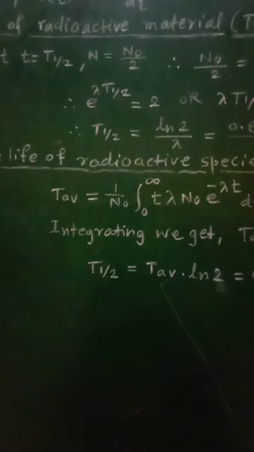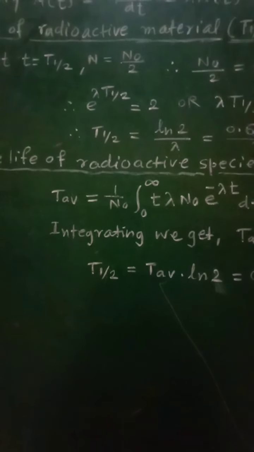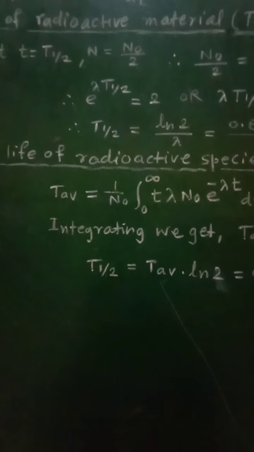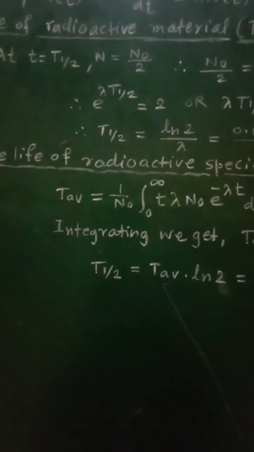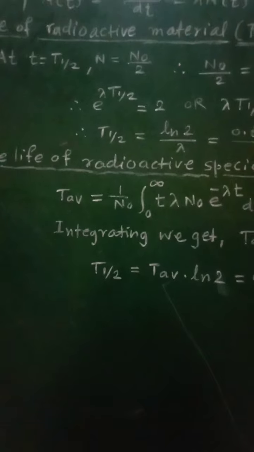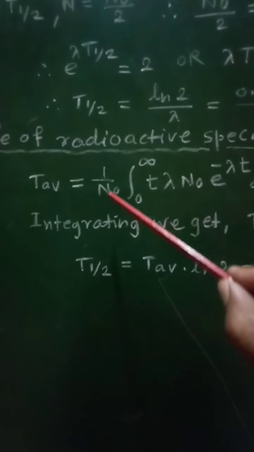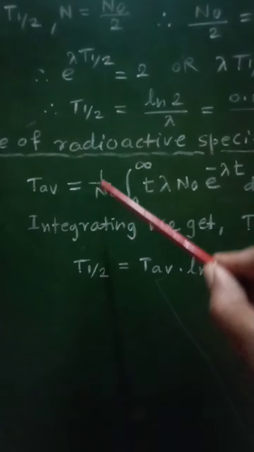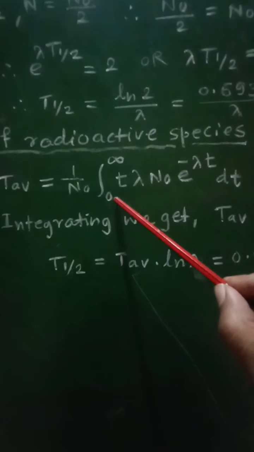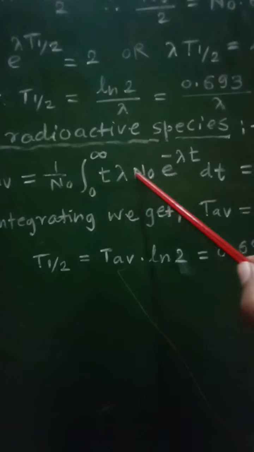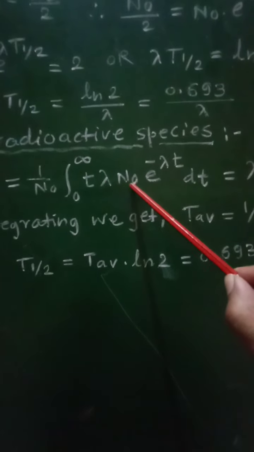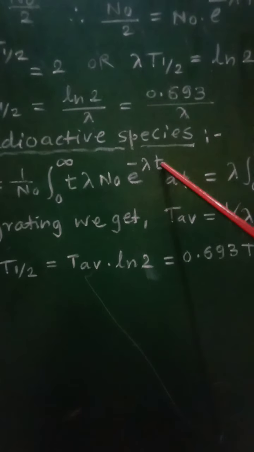The lifetime of these nuclei is taken as small t, and thus the average lifetime t average of the nucleus is given as t average equal to 1 by n0 times the integration from 0 to infinity of t lambda n0 into e raised to minus lambda t dt.